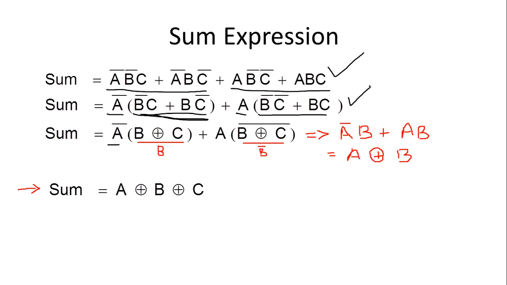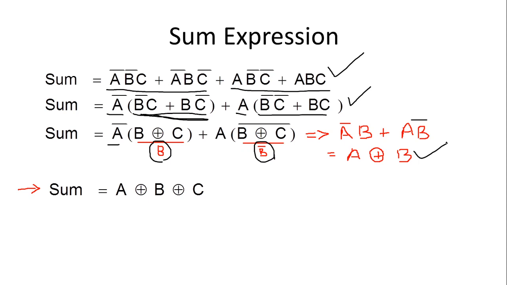To further simplify it, let's consider this whole term as B. So here B XOR C is simply B, and here B XOR C whole complement is just like B complement. So the term will become A complement B plus A B complement, which is again equal to A XOR B.